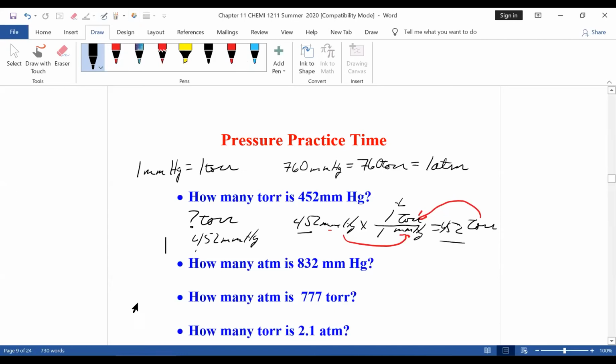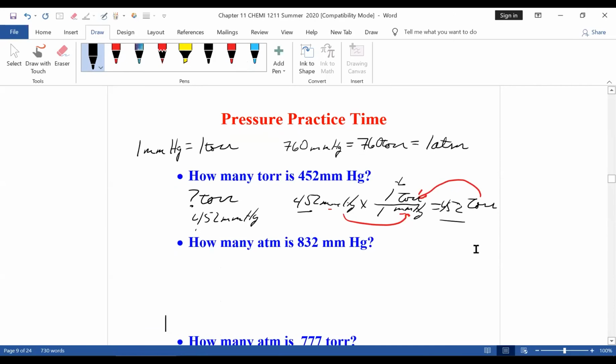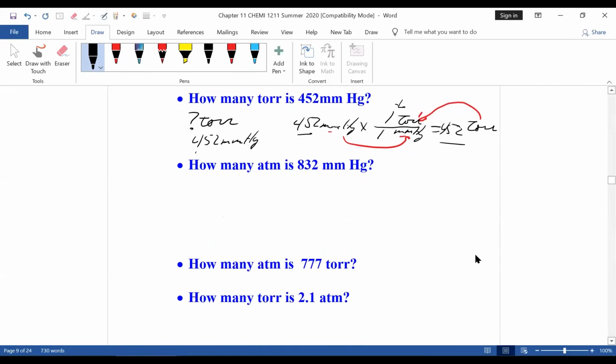Let's move on to the next one. This is an important skill you should know how to do. What are we being asked to find? How many atmospheres? What are we given? How do we proceed? Well, we only have one number.